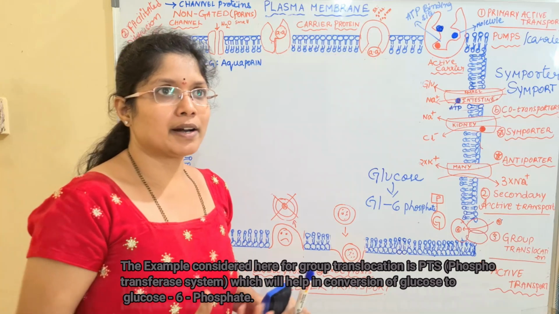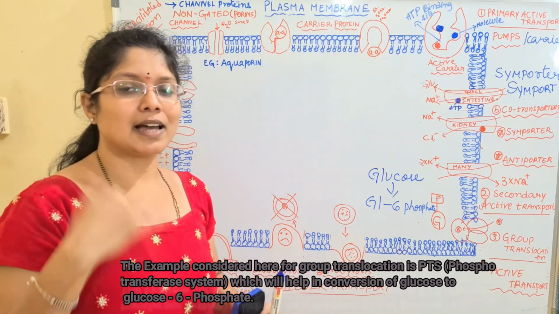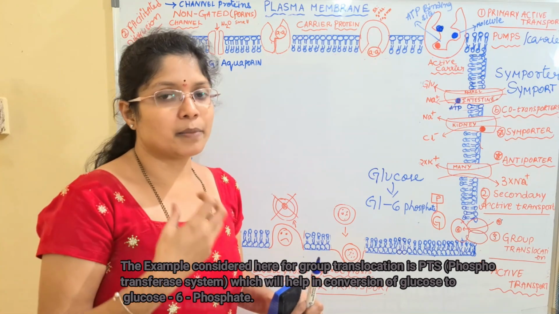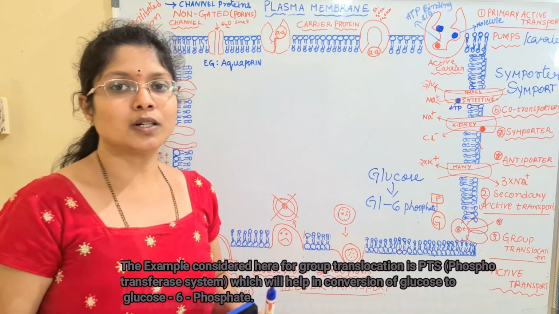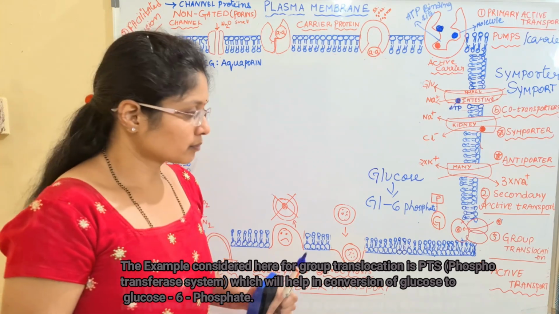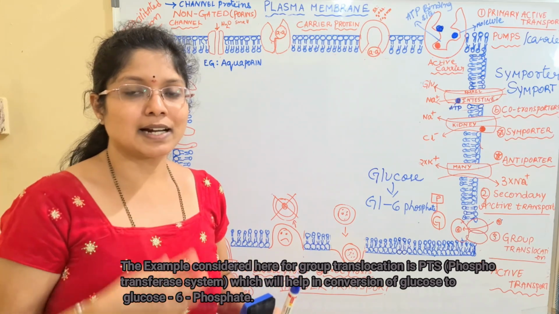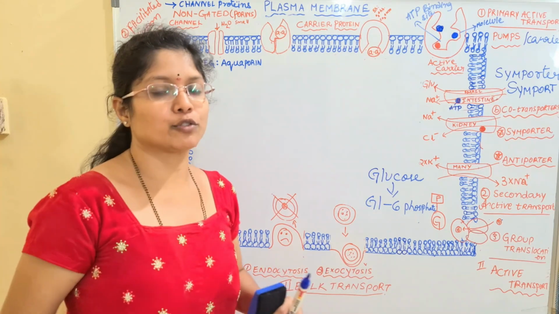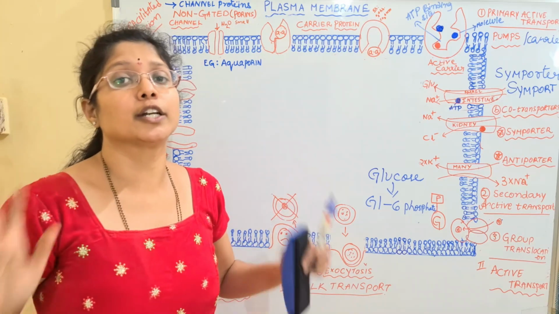Any carbohydrate which enters the cell has to be modified and converted into glucose. Glucose is the major absorbable form of energy, giving instant energy when you take it directly. But if you take any other sugar, it has to be converted into glucose.